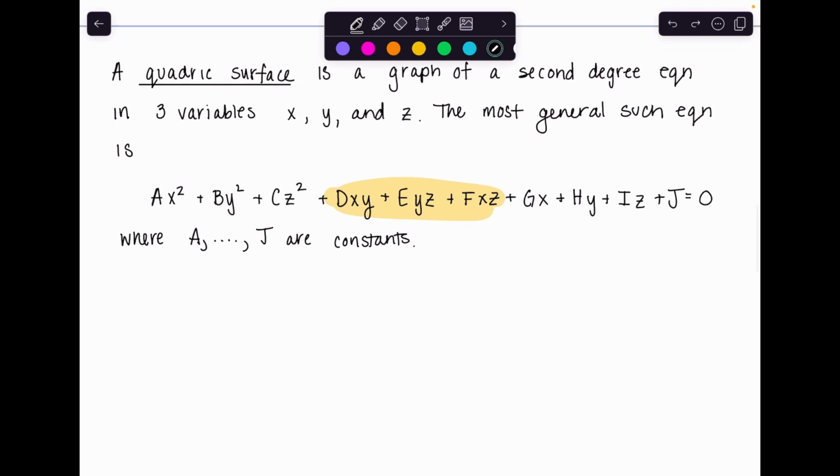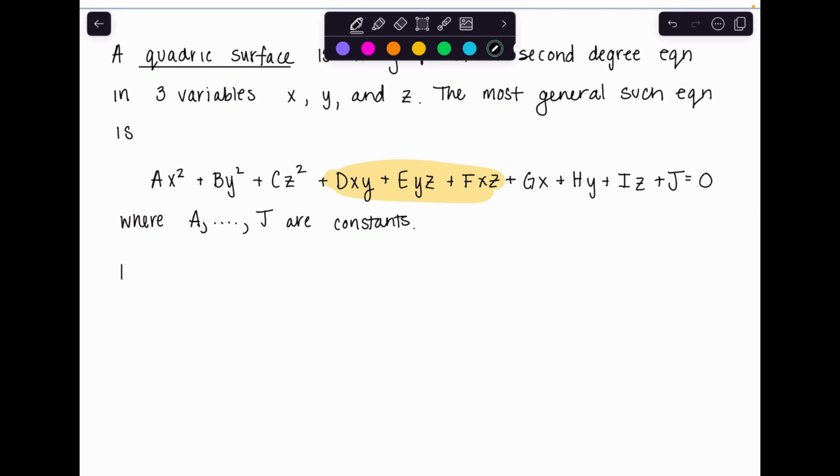We're going to reduce this down to something that's way simpler. So, however, under translation and rotation, we can reduce this to two equations.